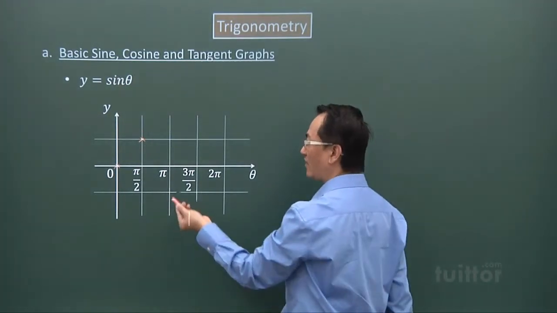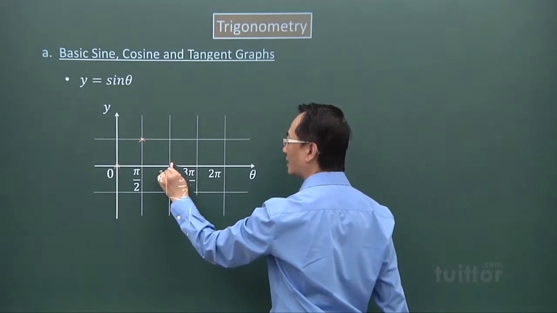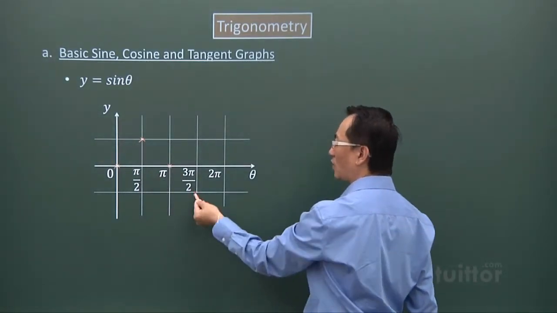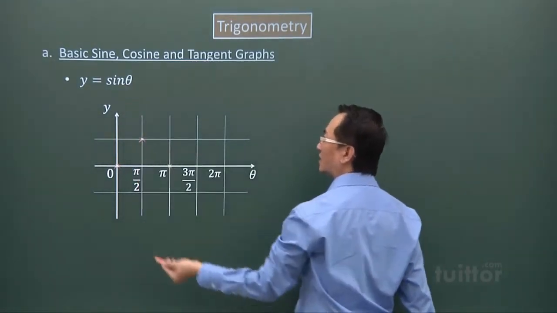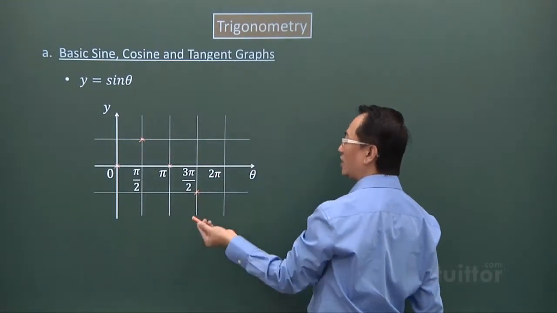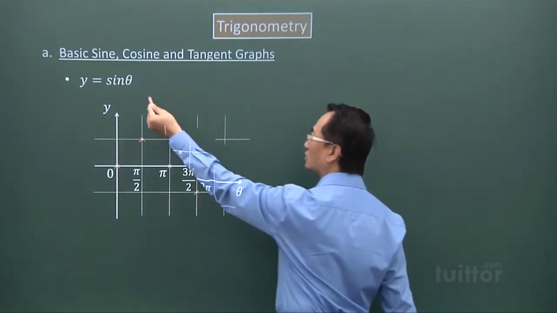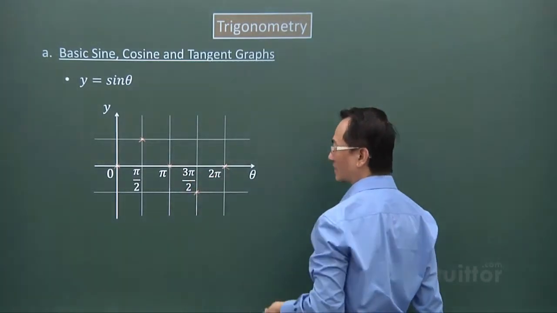Put pi into sine theta, you get 0. Put 3 pi on 2 into sine theta, you get a negative 1. You put 2 pi into sine theta, you get 0.